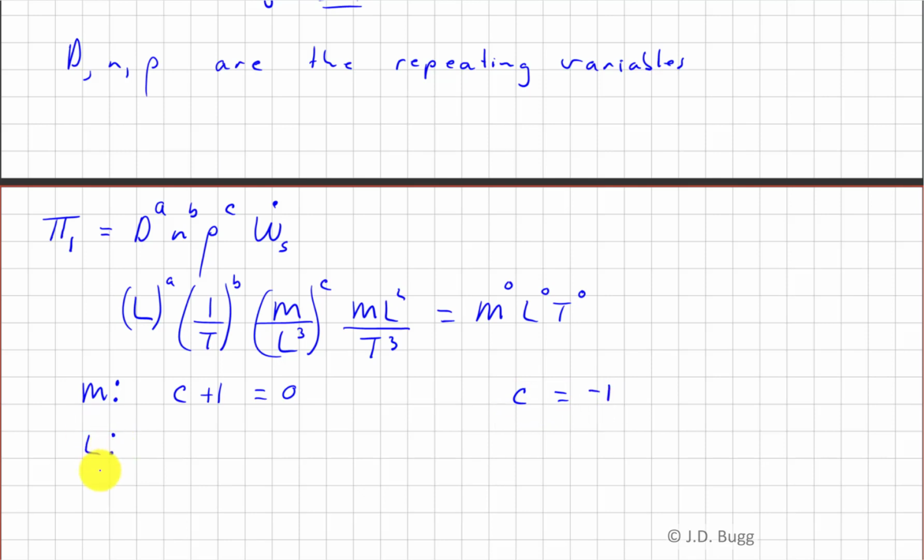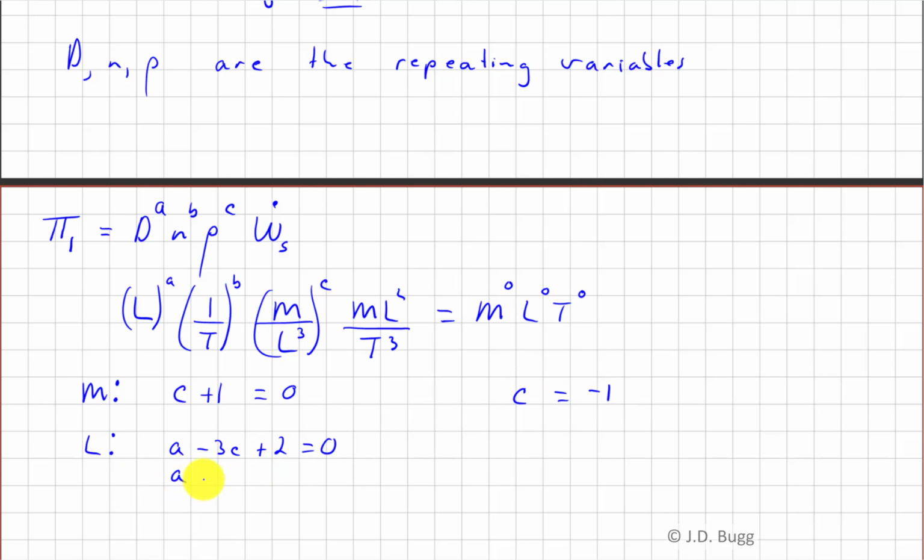Next we do L. Same thing. Here we have L raised to the A. So that's A. No L involved there. Here we have an L cubed, but it's in the denominator. So we need to make sure we put minus 3C. And here we have an L squared. So that's plus 2 equals 0. So notice we've already found C, it's negative 1, so we could actually find our A value right away.